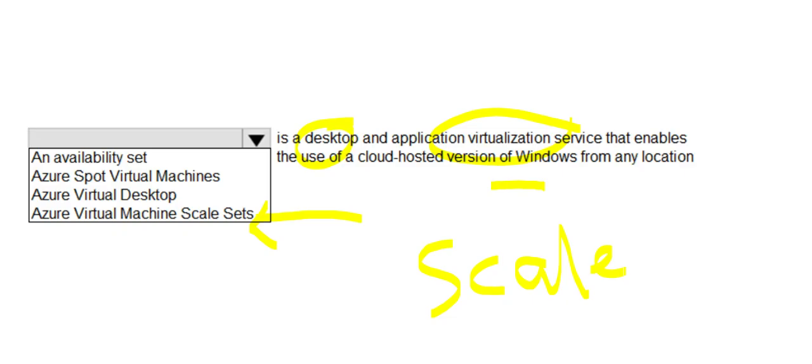It will automatically scale up. For 100 users, if you had one compute or one VM, for 1,000 users, it will scale up on the fly. 10 VMs it will create.